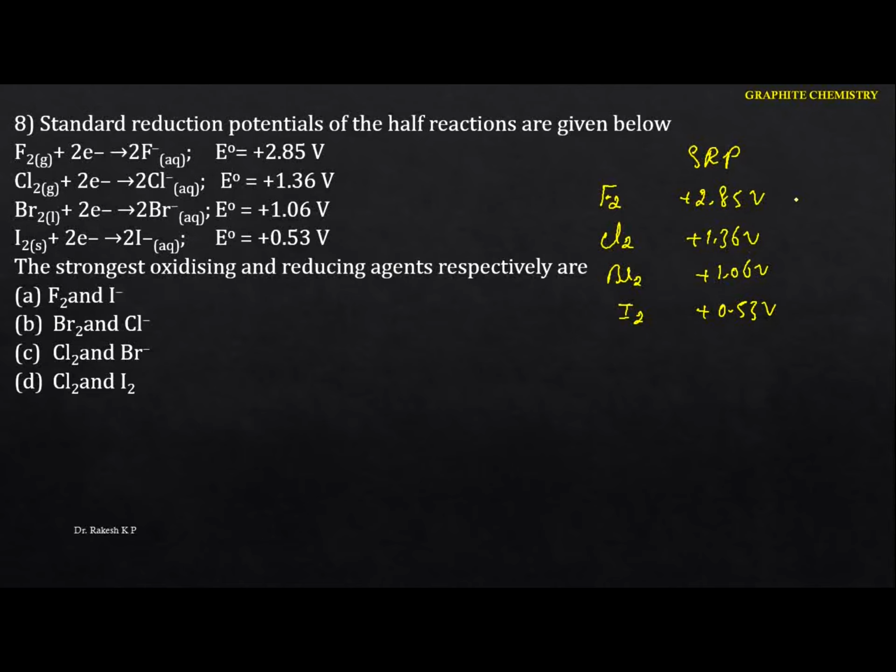So this is the decreasing order. Remember one of the concepts here: the lower the value of SRP, the greater is the reducing power.